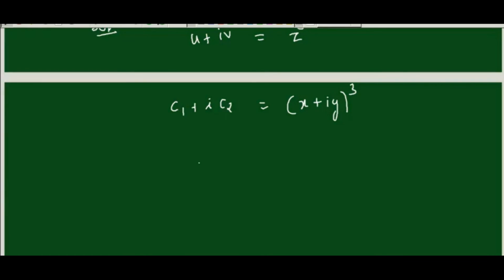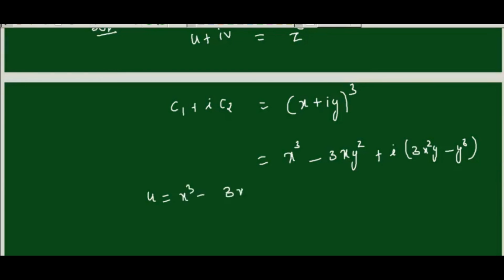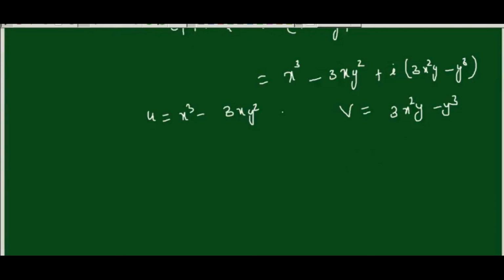You try to simplify this formula and you will get x cube minus 3xy square, and take i out, remaining 3x square y minus y cube. Simplifying this, you write the real part separately. That is u is equal to x cube minus 3xy square and v is equal to 3x square y minus y cube.